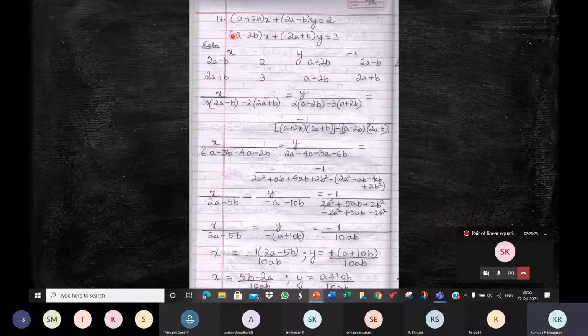X, its coefficient, y, its coefficient, constant. So the equations are in the standard form. X and y are in the numerator. So they are linear equations in x and y. So straight away you can make the columns, arrange the coefficients like this and proceed.